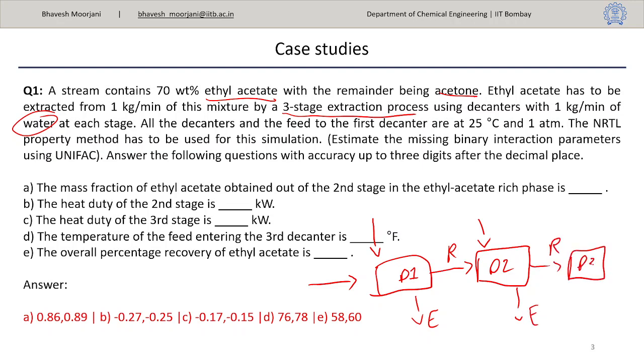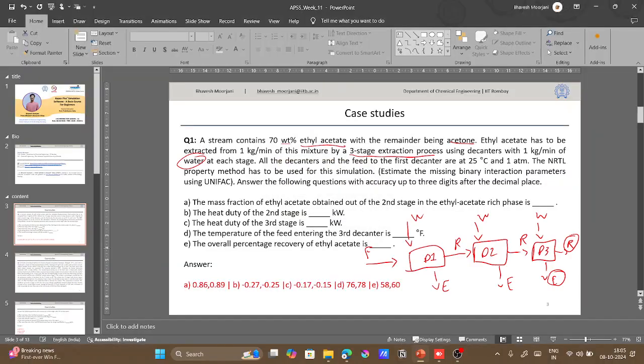That will go to the third decanter D3, where again you have solvent coming in. From there, the last separation of extract and raffinate will happen. These will be our final products. We have to find how much separation can be achieved via this method. So for that, let's begin a problem.